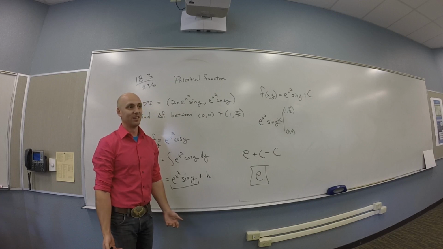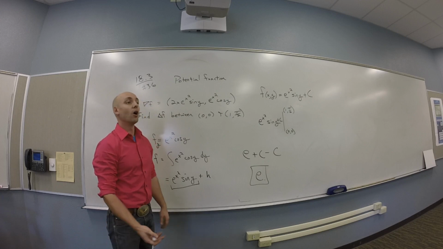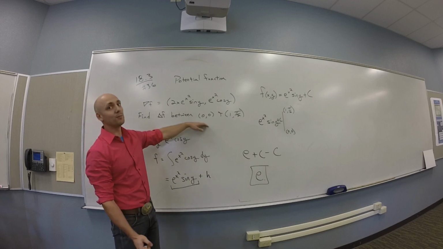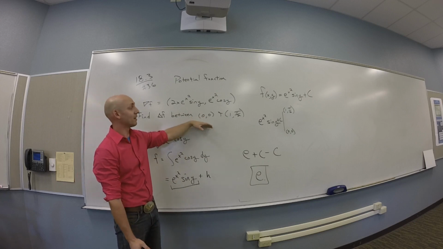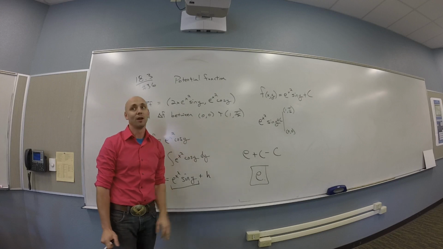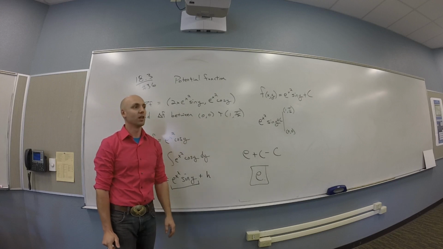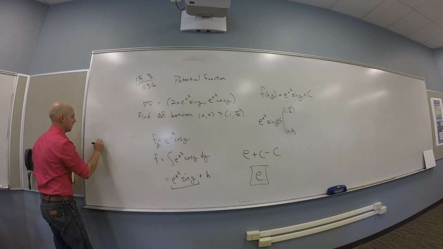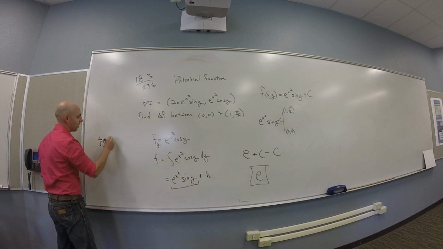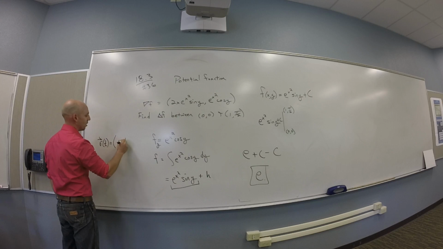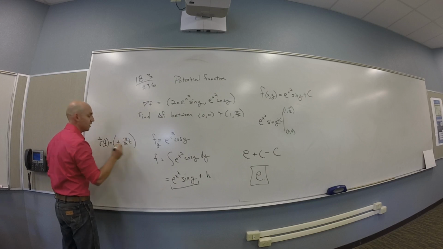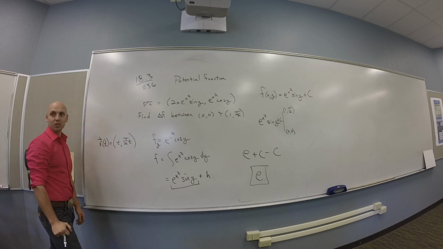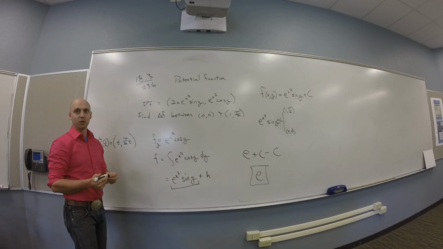You guys see that? So it doesn't matter which path you pick, so what's the easiest path between 0, 0 and 1 comma pi over 2? Straight line. So your r of t, if you were going to do the line integral, should be t comma pi over 2 t, and t should range between 0 and 1. You guys good with that?